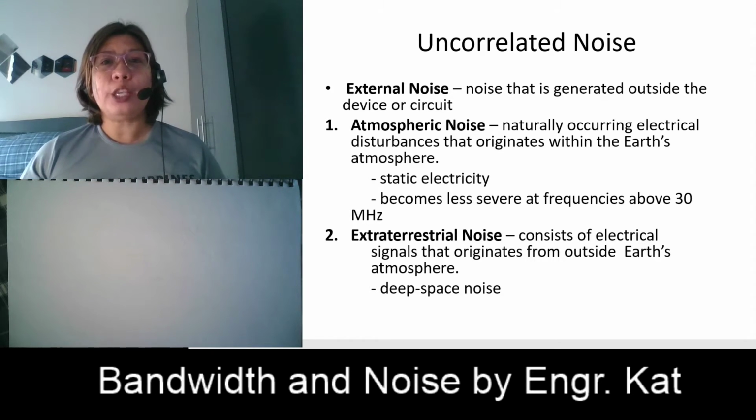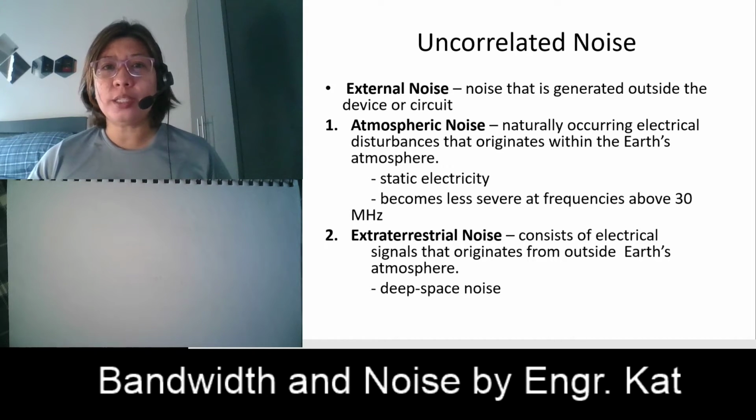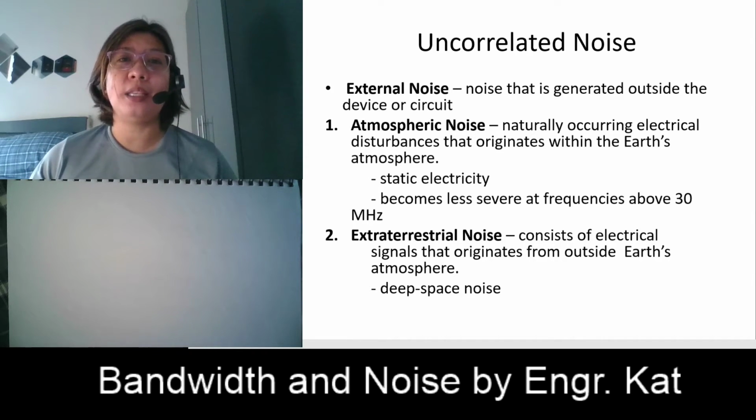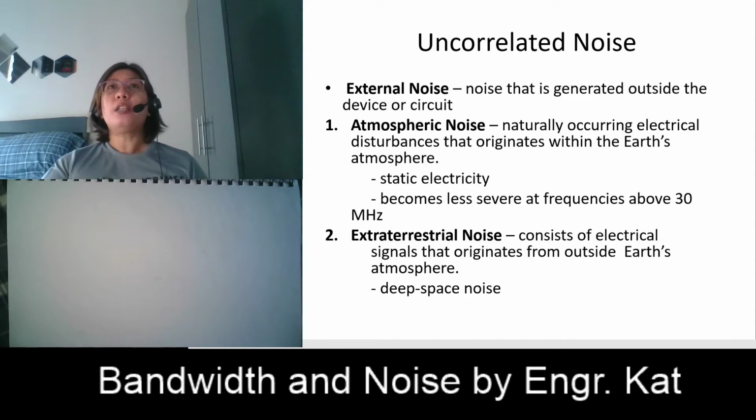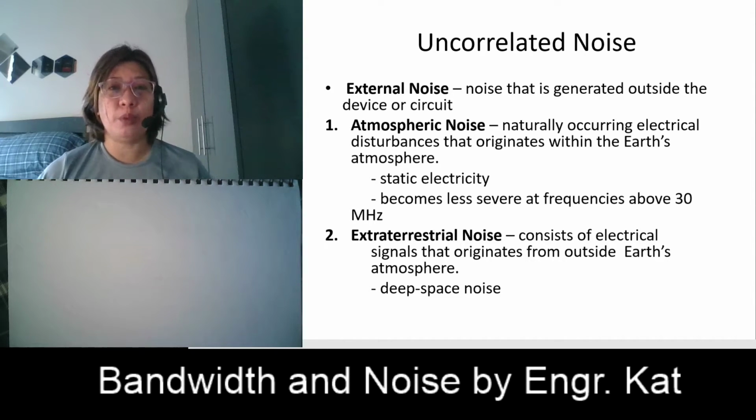External noise is generated outside the device or the circuit. There are several types of external noise. One is atmospheric noise: naturally occurring electrical disturbances that originate within the Earth's atmosphere.